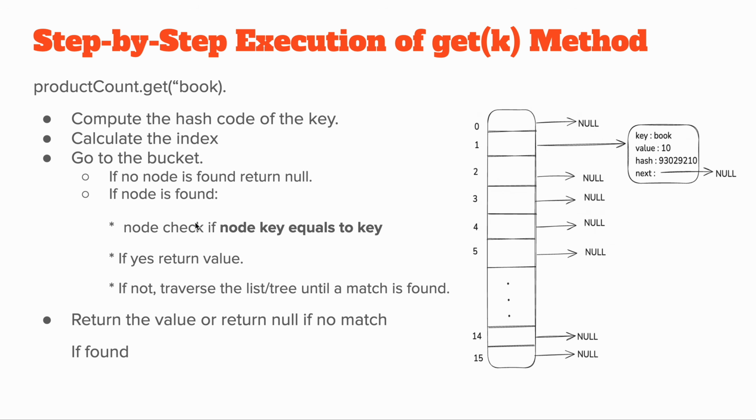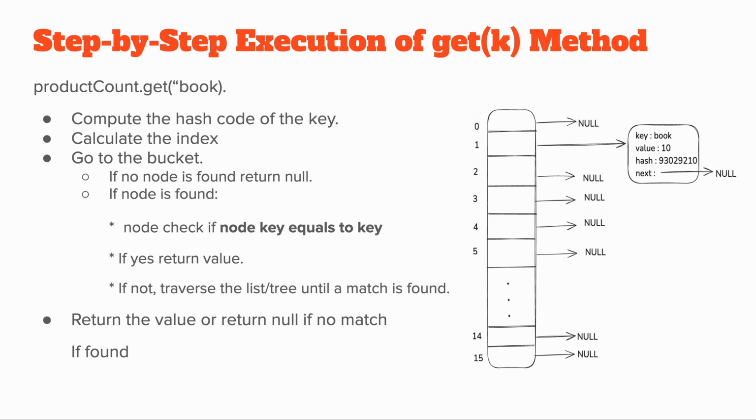If the key matches, it will return the value, right? And if after the complete traversal no key matches, it means the key does not exist in the hash map. So it returns the value or returns null. It depends on whether we have found the key or not, right?